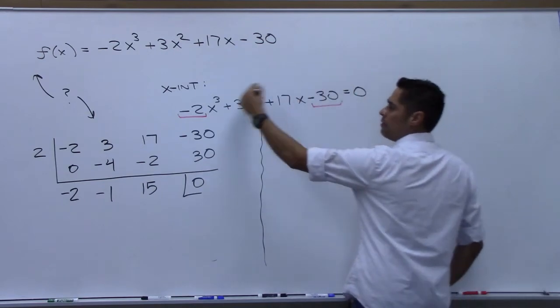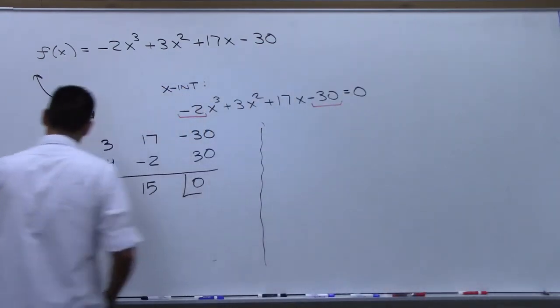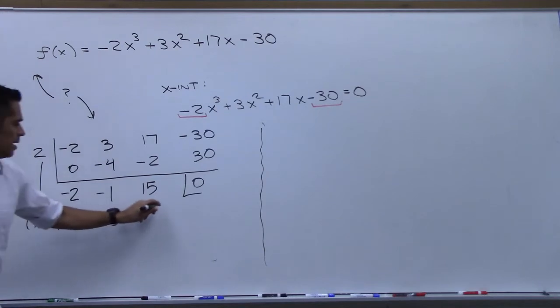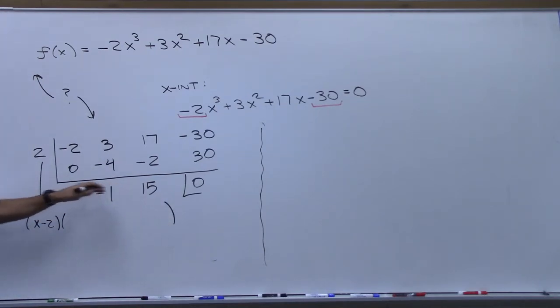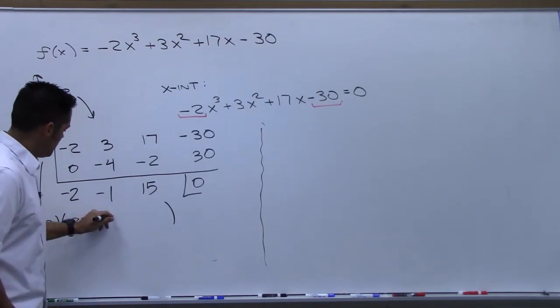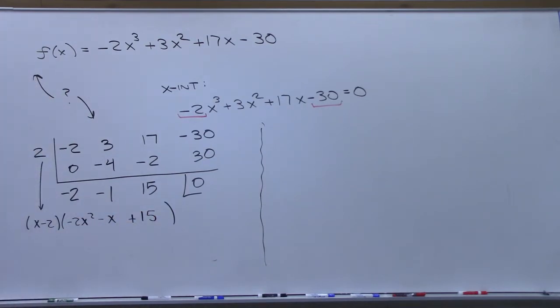This equation, for my x-intercepts, I can factor it using the factor x minus 2 and then whatever these 3 are. So -2 what? x squared minus x plus 15.